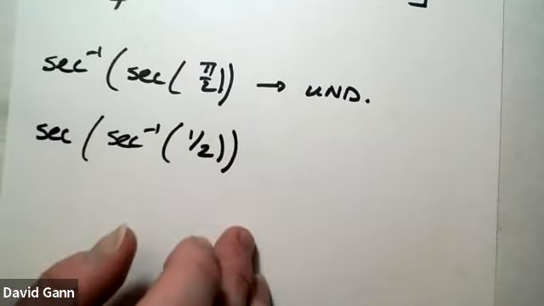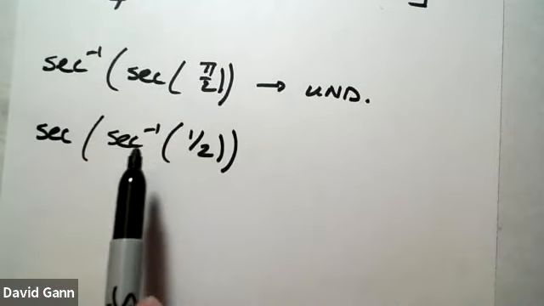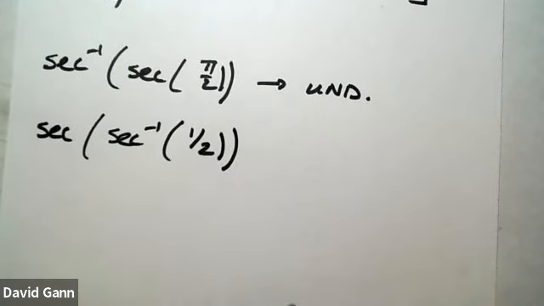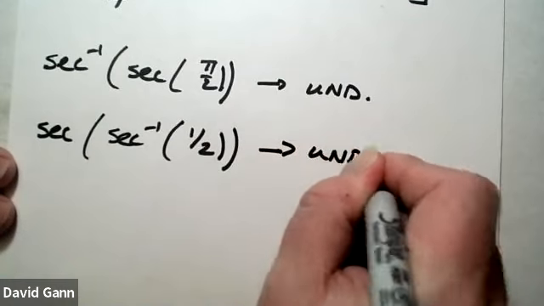There are really no other options. So the question is, when is it undefined? Well, it's when this angle is undefined. There is no angle for which secant of that angle equals 1/2, right? And so as a result, you can't take the secant of an undefined angle. You once again get simply undefined.